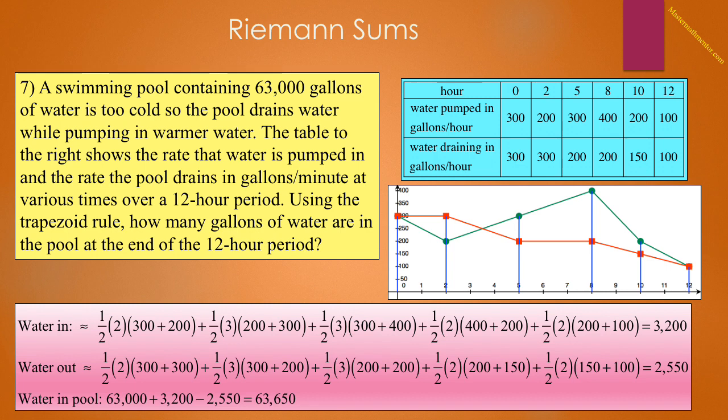Again, we say approximate because we really don't know what's happening between 0 and 2 hours, 2 hours and 5 hours. There is no reason that these rates have to stay constant. So again, this is just an estimate, and the only way to get a better estimate is to get more data points.